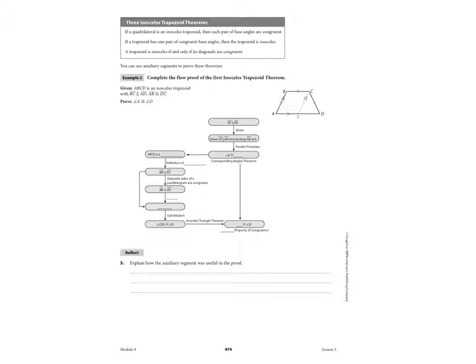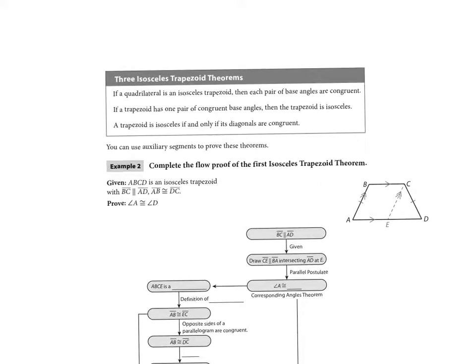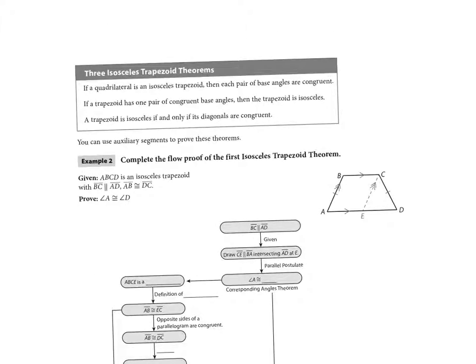And then on the next page, 474, there are 3 theorems for the isosceles trapezoid. If it's an isosceles trapezoid, then each pair of base angles are congruent, which makes sense because the legs are congruent. Those angles are going to be congruent.